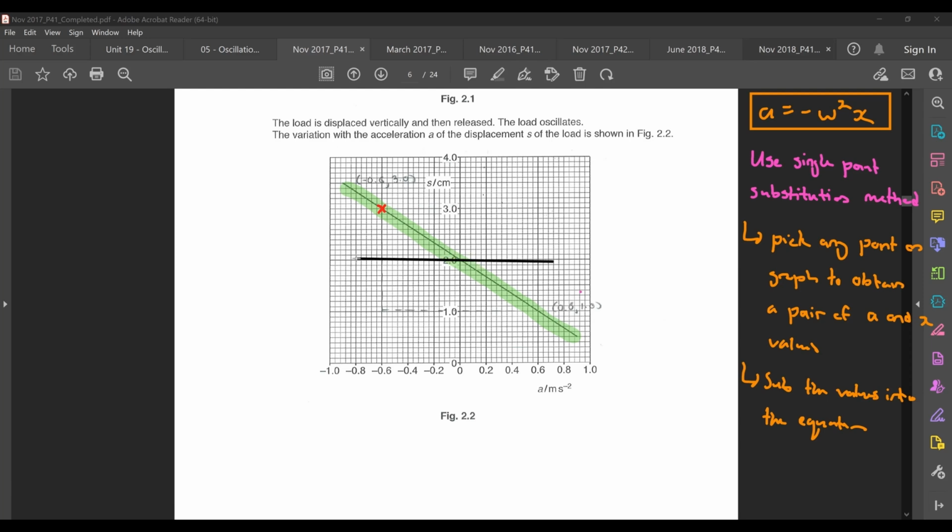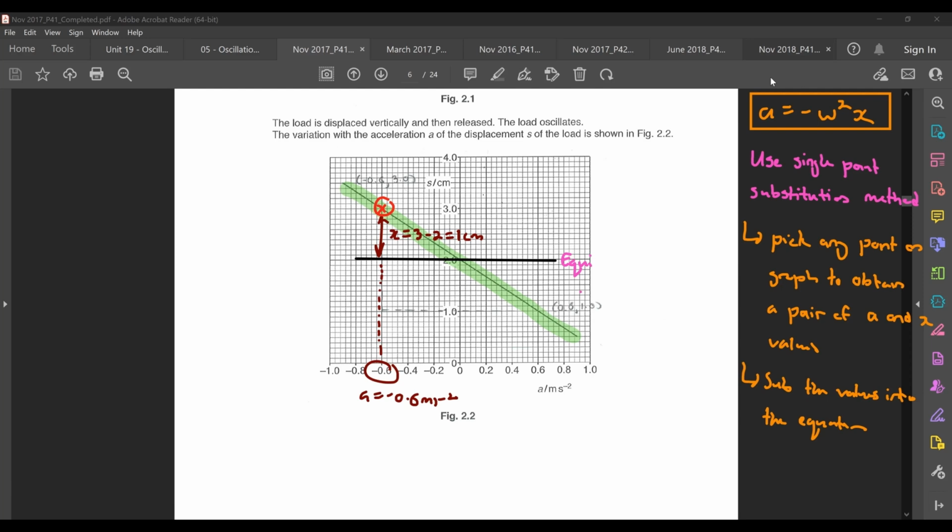Because this was my equilibrium position, if I pick this point, my displacement x is really just going to be 3 minus 2, giving me 1 centimeter. And my acceleration A here is negative 0.6 meters per second squared. So if I pick this point, my displacement is 1 centimeter, my acceleration is negative 0.6 meters per second squared.